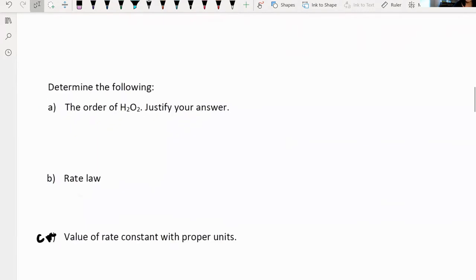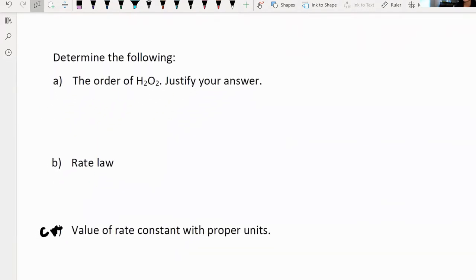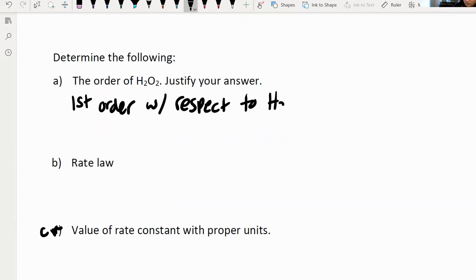For part A, you're writing your responses on your paper. You just label your paper examples. So this is first order with respect to hydrogen peroxide. Then it says justify your answer. When they say justify, they mean what evidence, what data is presented to you that tells you the answer. Well, the data and evidence presented to us are the graphs.